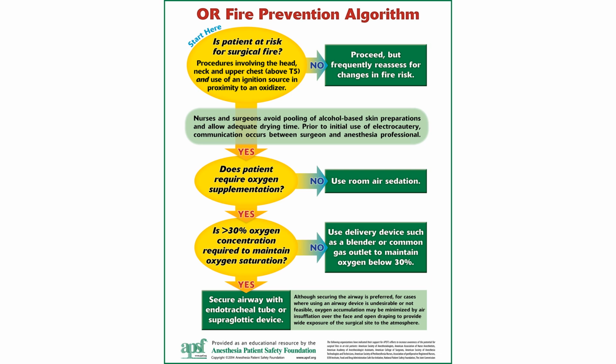If yes, then the airway should be secured with either an endotracheal tube or an LMA. This contains the oxygen, which is the oxidizer, within the circuit, to make it what's called a closed system to try and minimize risk, compared to nasal cannula or face mask, which is an open system, which increases the risk. Again, this algorithm is something that you should be thinking through for every case.